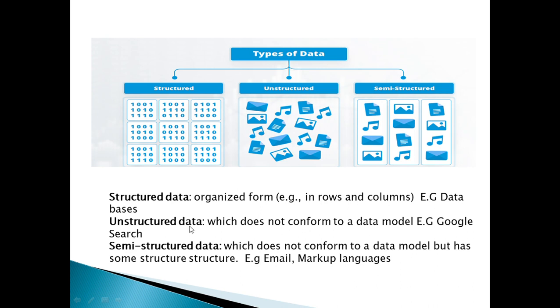Unstructured data means the data that does not follow any format or any model, which does not conform to a data model. In a study, it is found that almost 80 to 90% of the data of organizations is unstructured data.